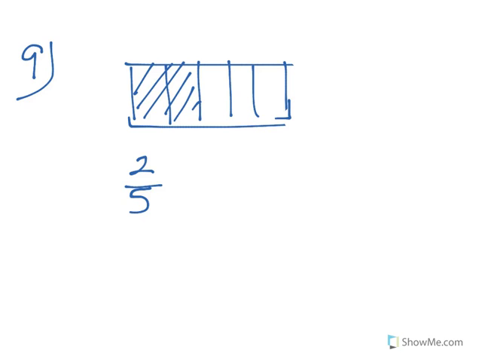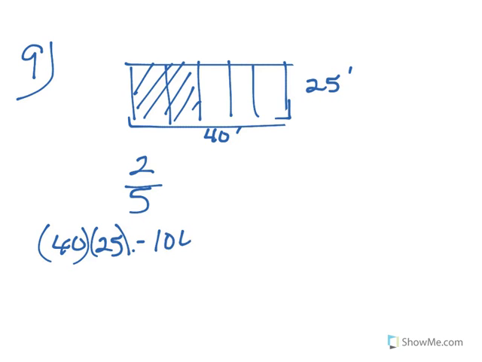Well, we need to know that this is going to be a 40-foot by 25-foot house. So if I multiply 40 by 25, and you may use your calculator, but I always want to see the setup, you're going to end up with 1,000 square feet.